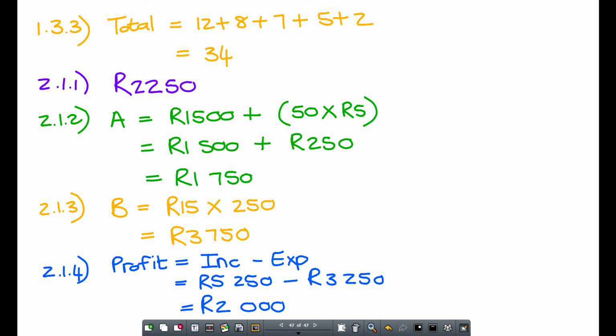Vrou Fassie leen R60,000 van een of ander bank om haar klein besigheid te begin, and she agrees to pay back the money at an interest rate of 8.5% that is compounded annually for 2 years. Kan ek maar skip? Nou sê hulle daar vir jou, calculate the amount of interest that was added at the end of the first year. Ons praat nou net van die eerste jaar, nee? Goed, sy leen mos R60,000.